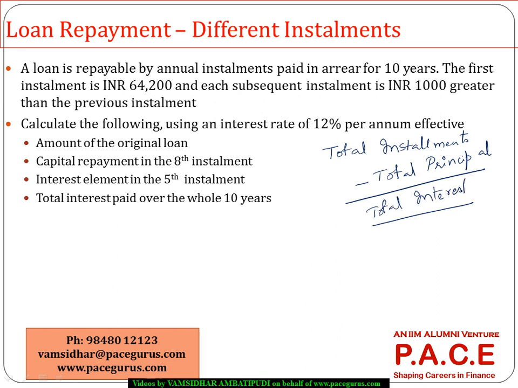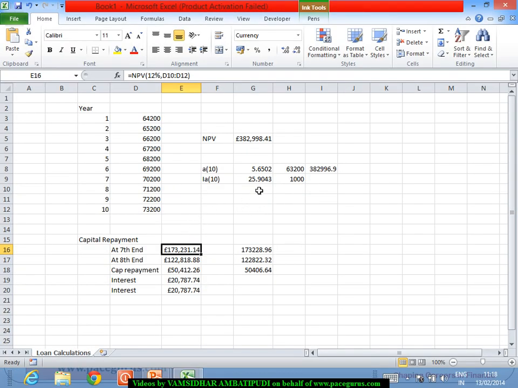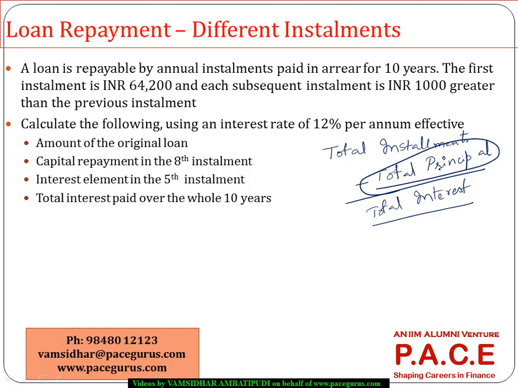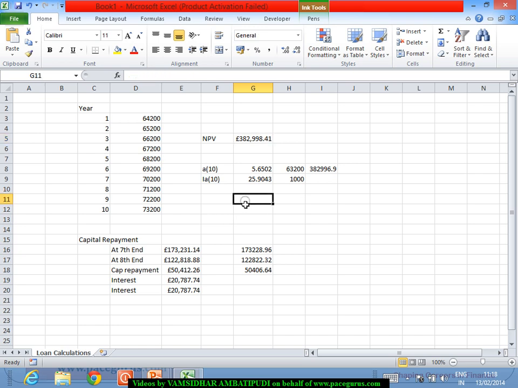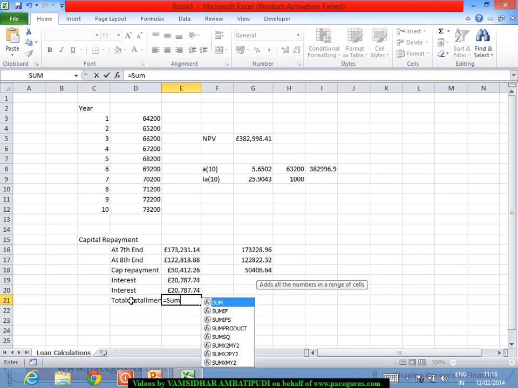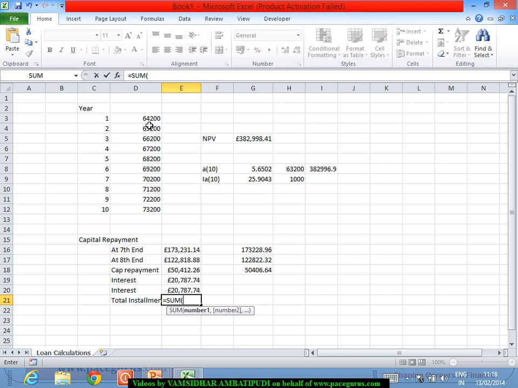So how do I find the total principal? This is the total loan amount which we have already computed. The total loan amount is 382,998. Now what are the total installments in this case? I can add up all the amounts; they are simply summed up. So 687,000 is the total installment.